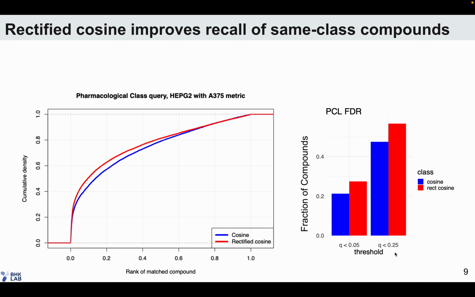And at a particular false discovery rate, for example, 5%, rectified cosine shows an improvement of something like 30% of the recall of standard cosine. So this shows that not only is rectified cosine learning an intrinsic metric on the space, but it's generalizing to data that it wasn't shown in the training process.